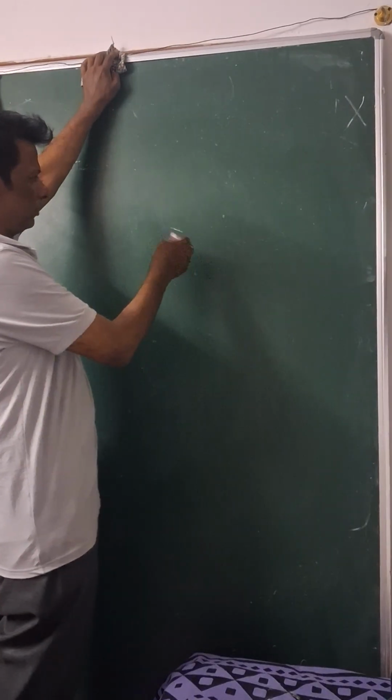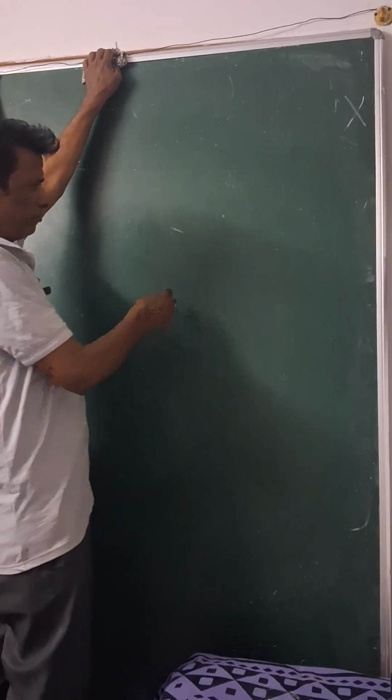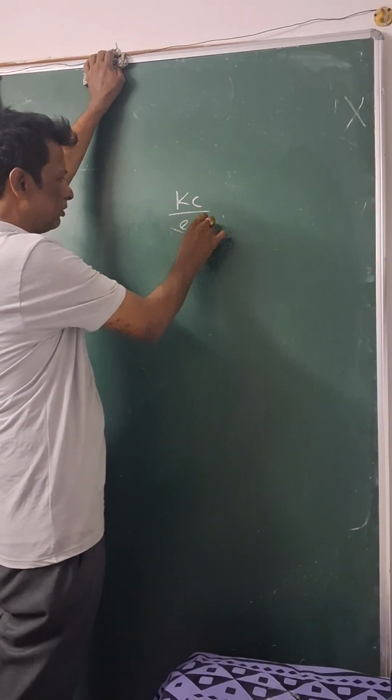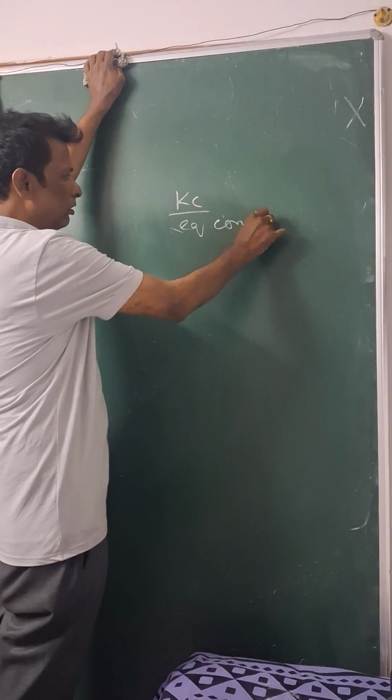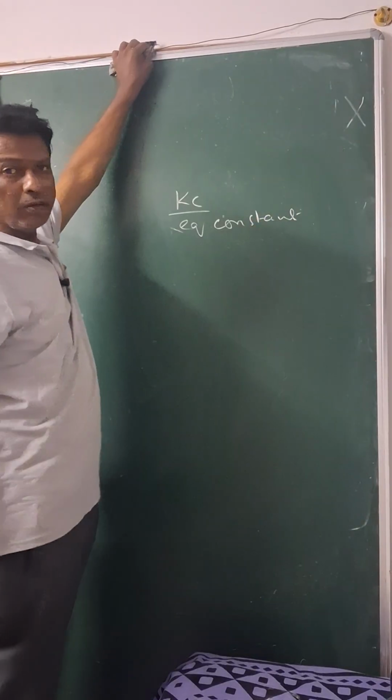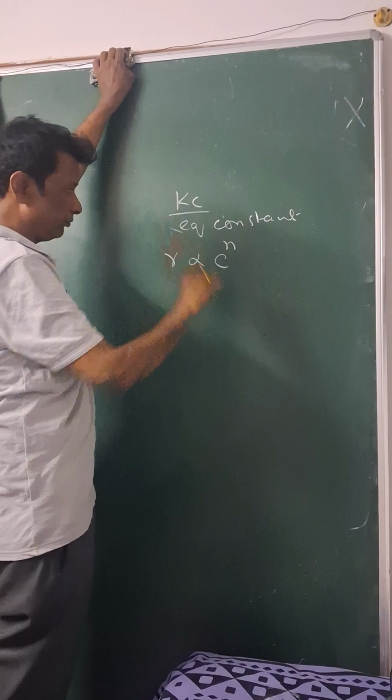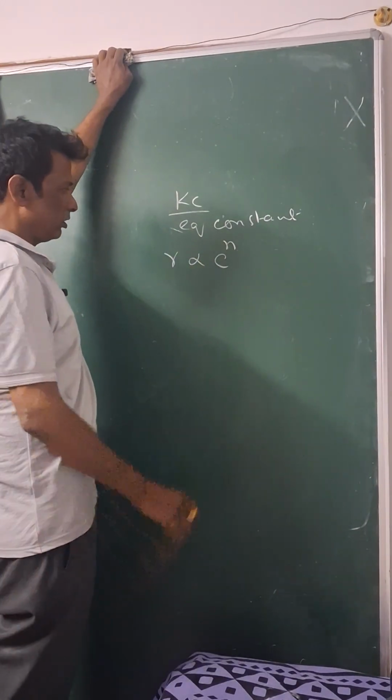Now let us study equilibrium constant. Kc is constant. So use the law of mass action. Rate directly proportional to concentration. Moles are powers.